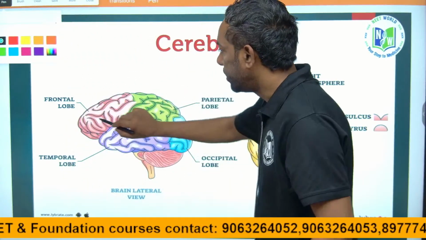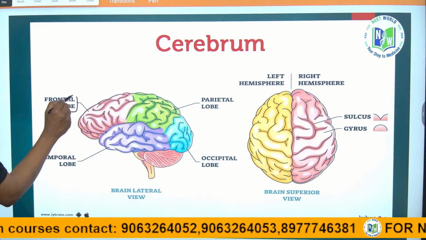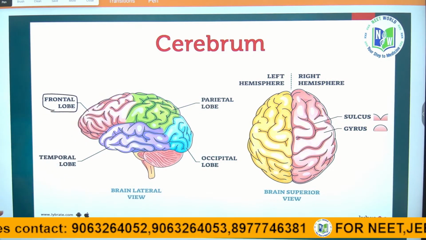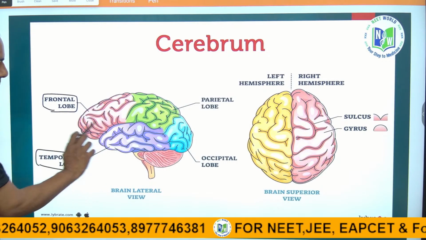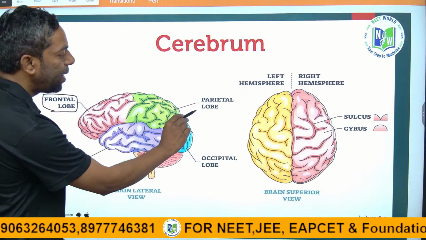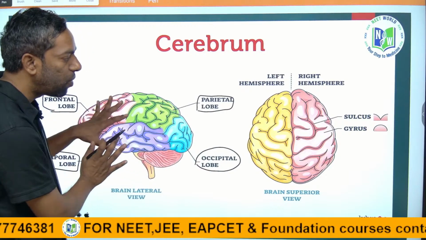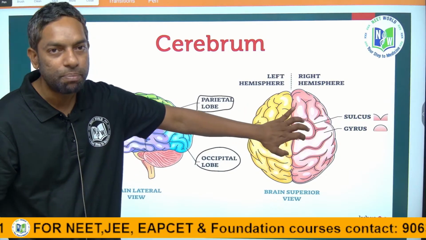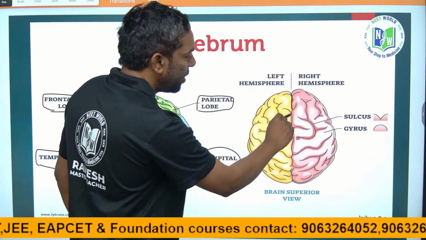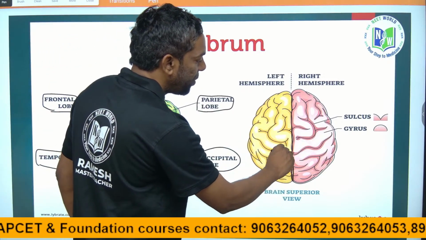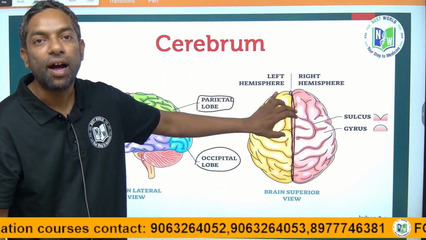Okay, first the frontal lobe. This is the frontal lobe. Temporal lobe, this is the temporal lobe, and parietal lobe and occipital lobe. There are four lobes in the two cerebral hemispheres, which are connected by the corpus callosum.